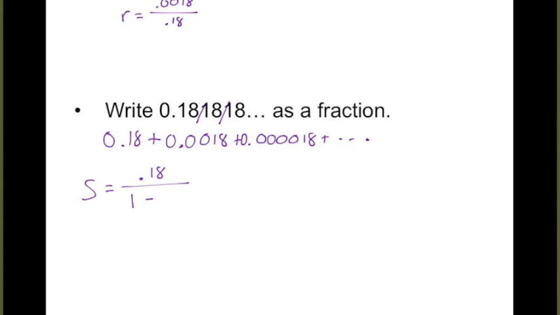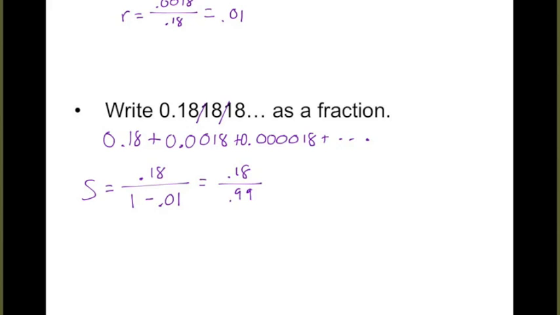And so we could do that division out and we get 0.01. So then we get 0.18 over 0.99.